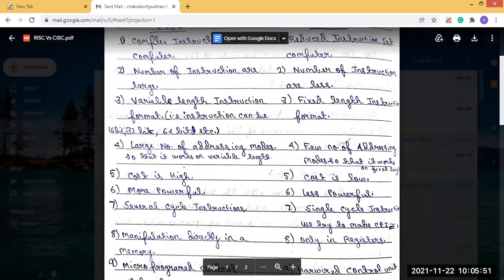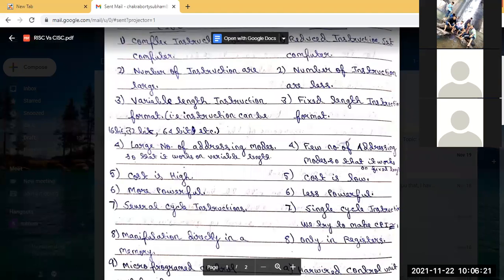That's why we say CPI tends to 1, not CPI equals 1. We always try that the clocks per instruction becomes 1, but practically it is not possible that in each clock pulse an instruction gets executed. So we say CPI tends to 1.